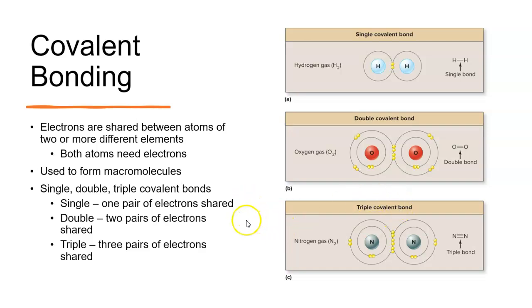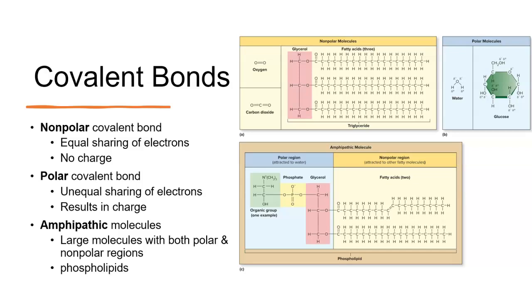The electrons that are shared with covalent bonds can be either shared equally or unequally. When they're shared equally, such as you see up here with 2 atoms of oxygen, or carbon dioxide, CO2, with those we have equal sharing of electrons, so the charge isn't overall positive or overall negative.